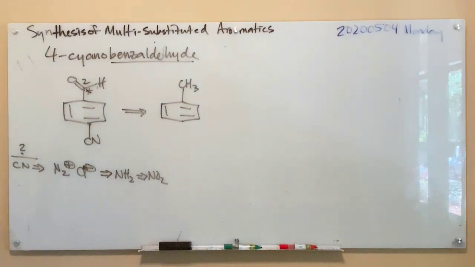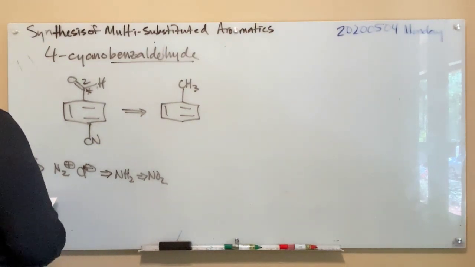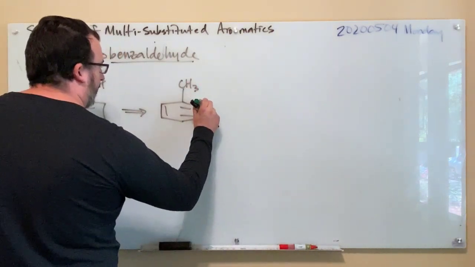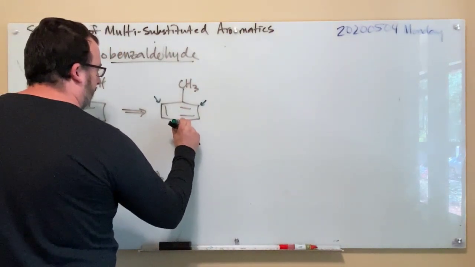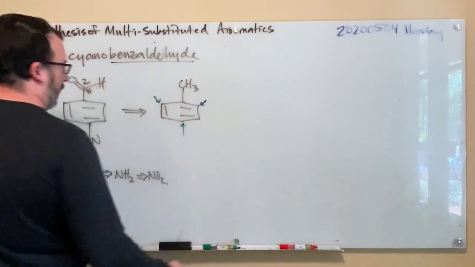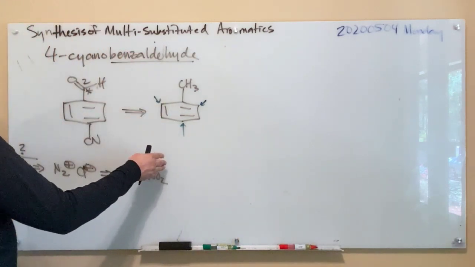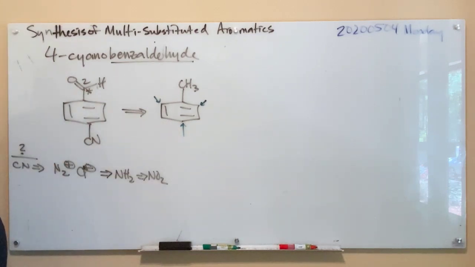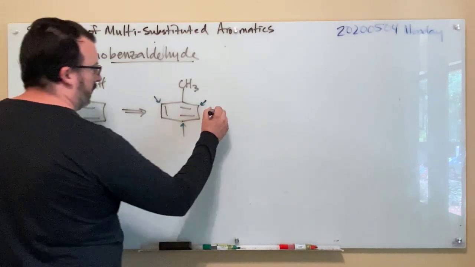we know that again, the alkyl groups are ortho-para directors. So if we immediately take advantage of that, we can get the 4 position substituent in there in terms of a nitration.